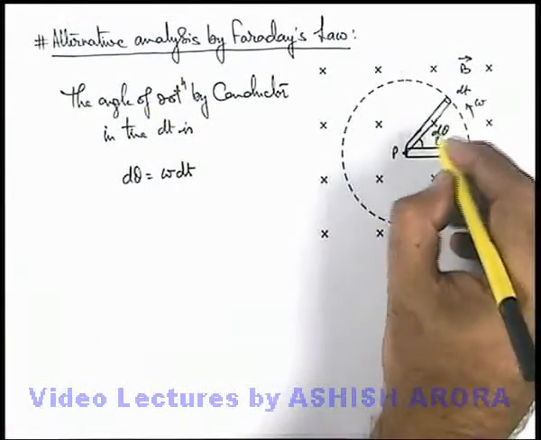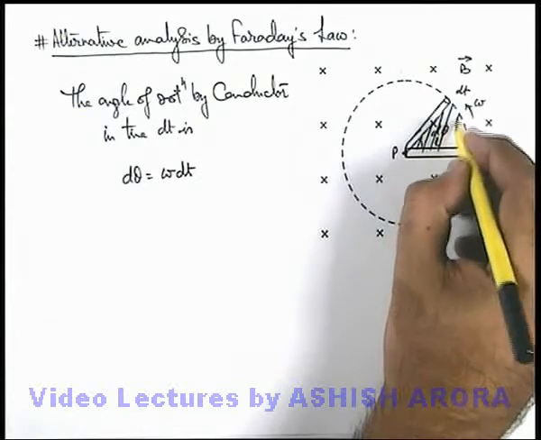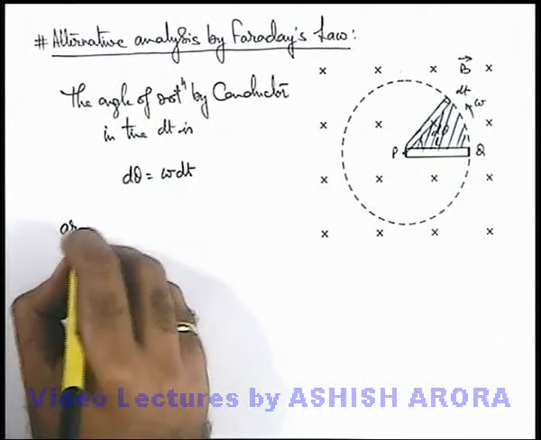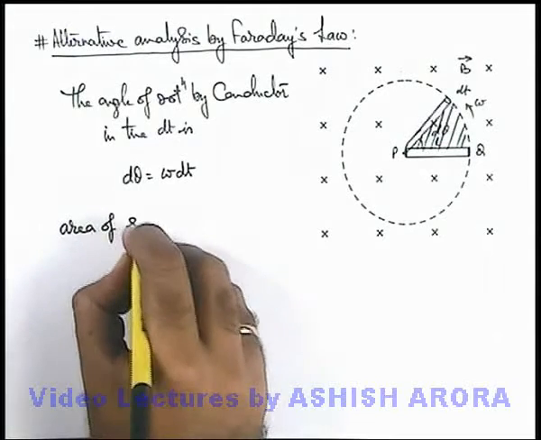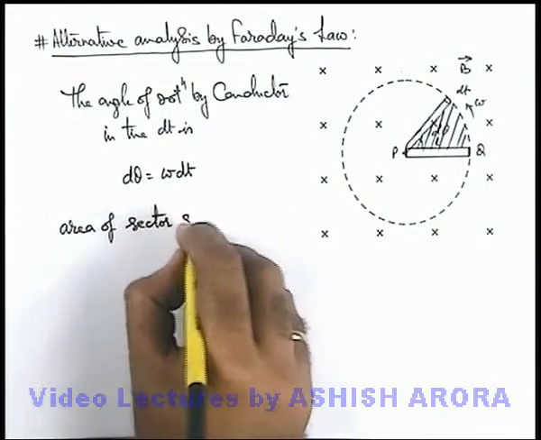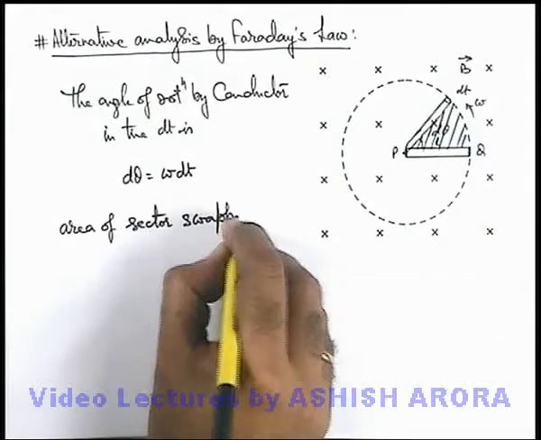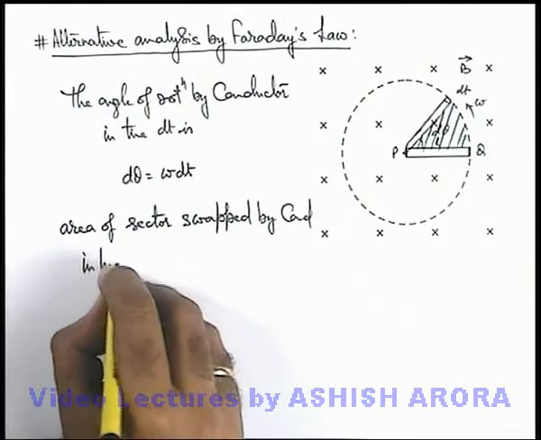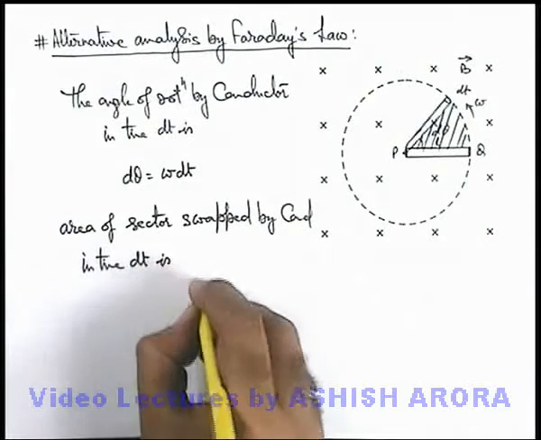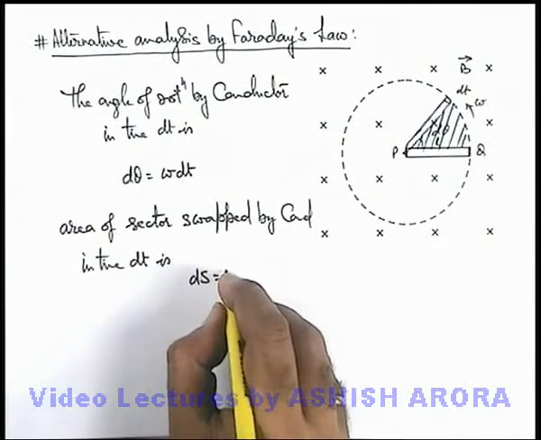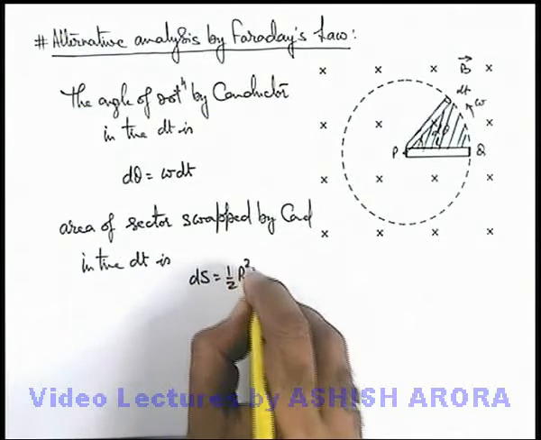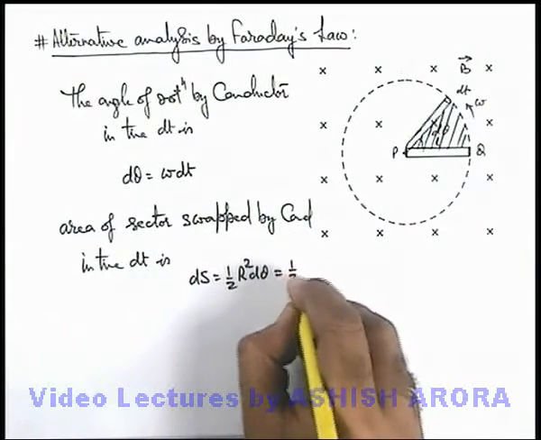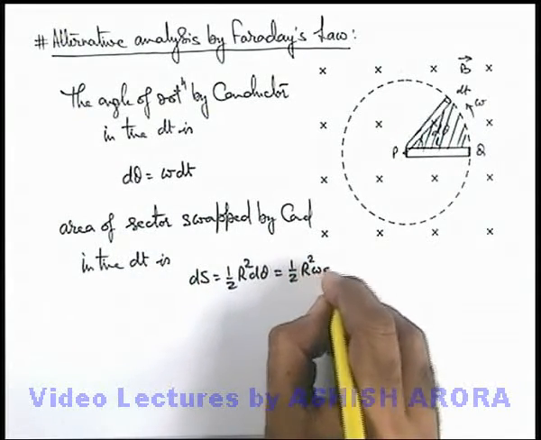Now in this time the conductor has swept out a sector area, and we can directly write the area of sector swept by the conductor in time dt as ds, which is half r squared d theta, and here we can substitute the value of d theta, it will be half r squared omega dt.